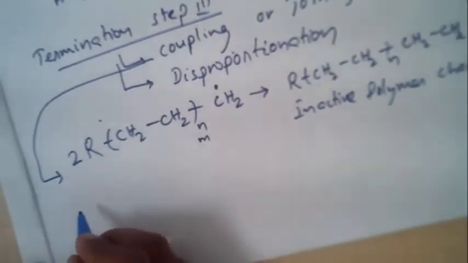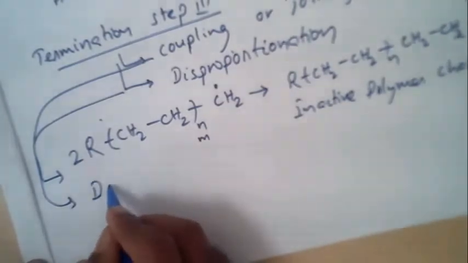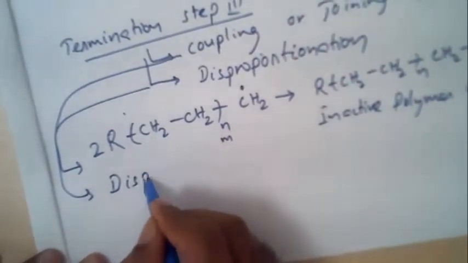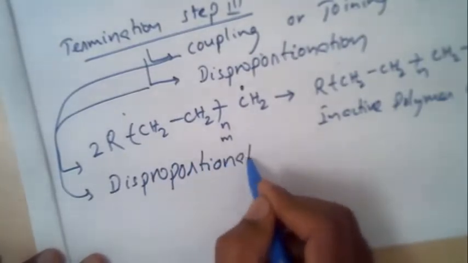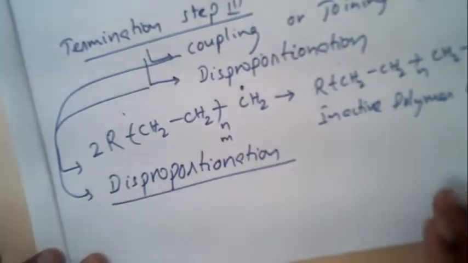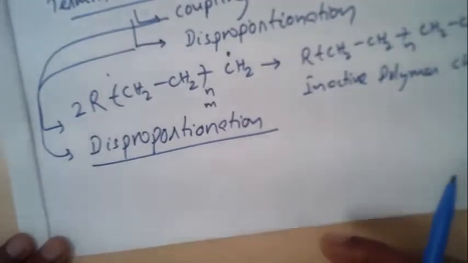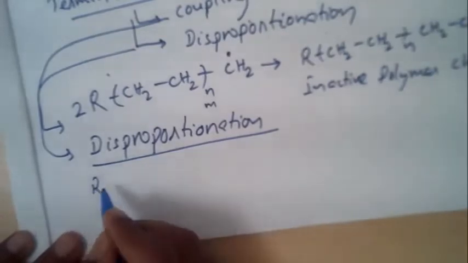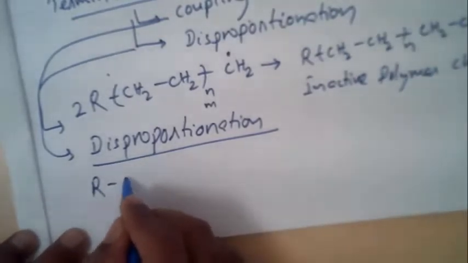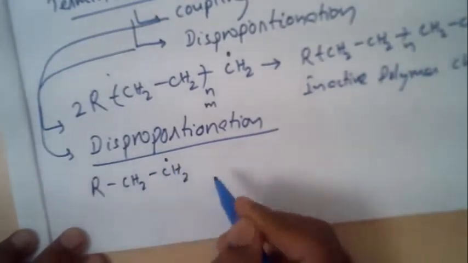The next is another mechanism, that is disproportionation. So in this one, in disproportionation, let me take a simple example. So you have a radical like this.